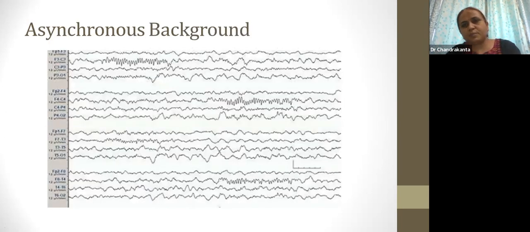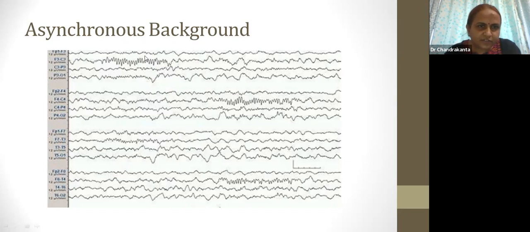And then background abnormalities can be in form of asynchrony. Synchronous background means that both the sides have almost similar type of waves, the left and the right. But if you see in this picture, this is the left side and we see that there is a spindle over here, but there is no simultaneous spindle on the right side.